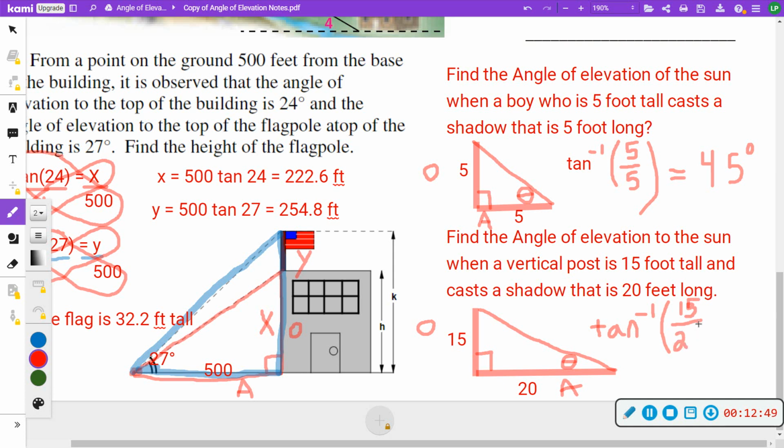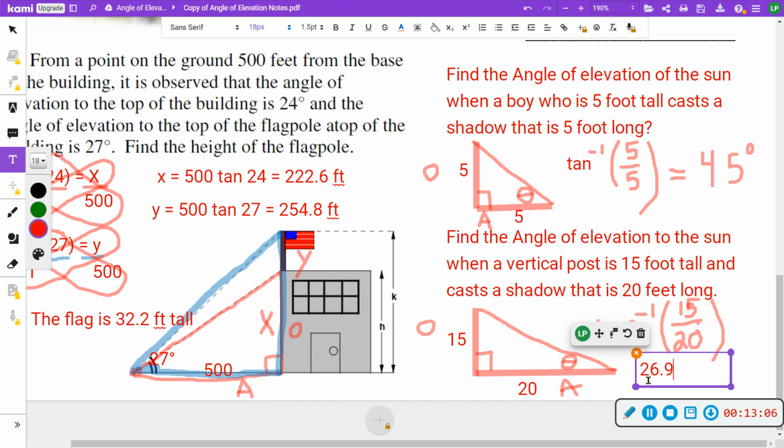You could reduce that to 3/4 if you wanted to. But tan inverse of 15 divided by 20. And I get about 36.9 if I round to the nearest tenth. So this is around 36.9 degrees.